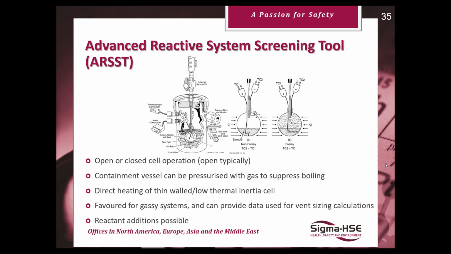There is direct heating from a heater belt to the glass vessel wall, so there is very little in between the heater and the sample material as well. As we've said, this was designed for and favors gassy systems, and it can be used as a minimum best practice for vent sizing equations.